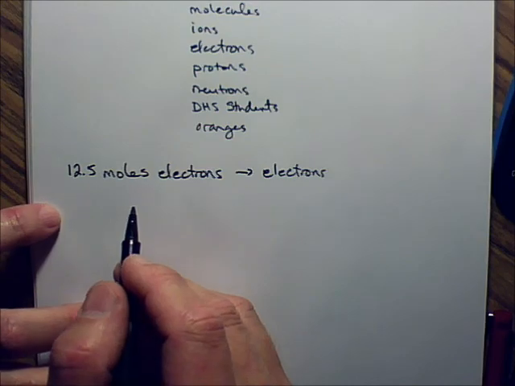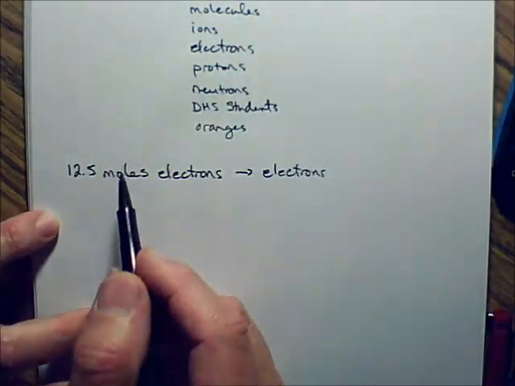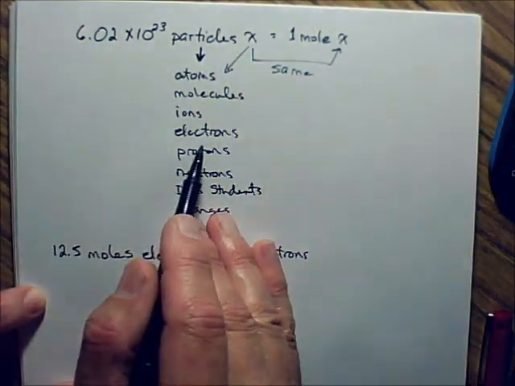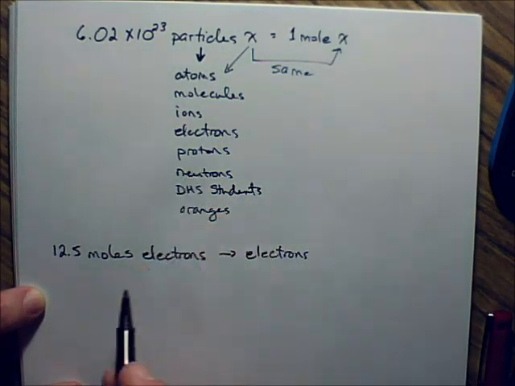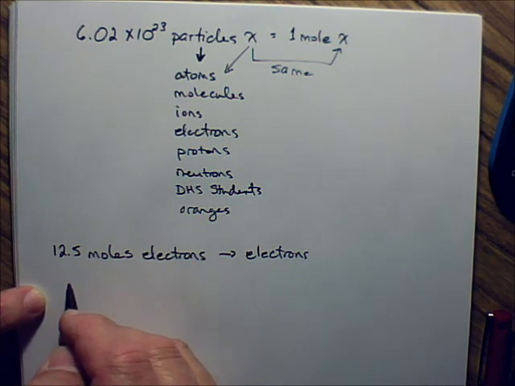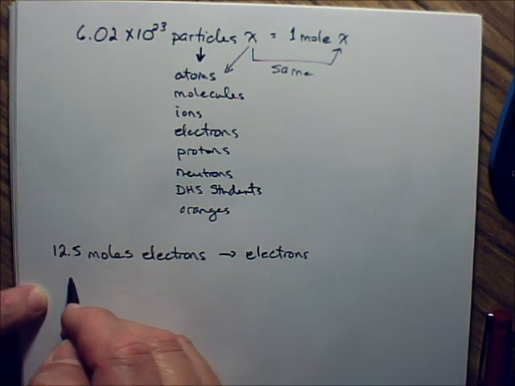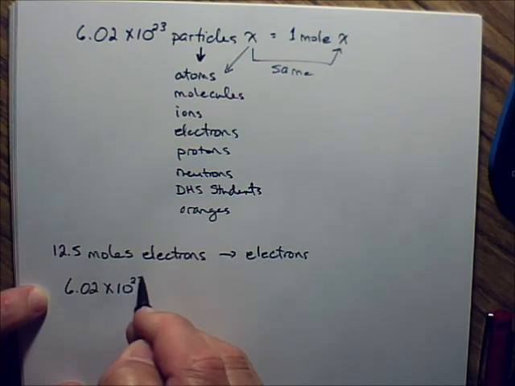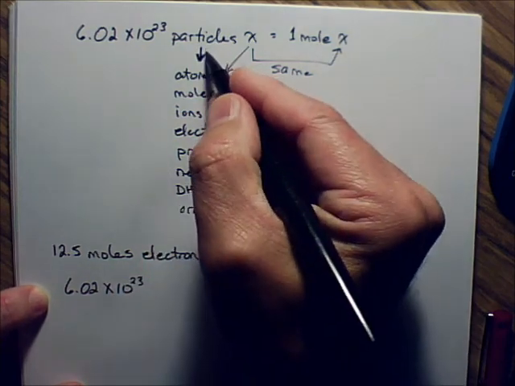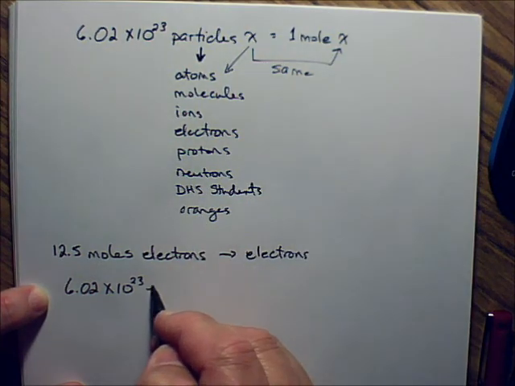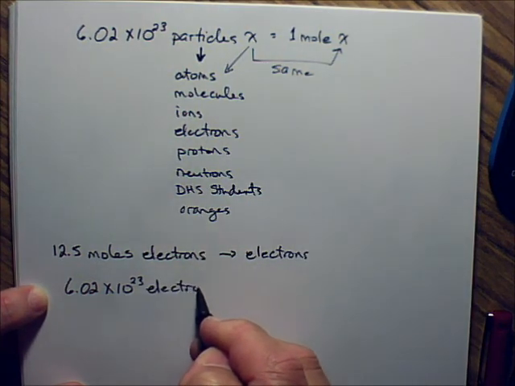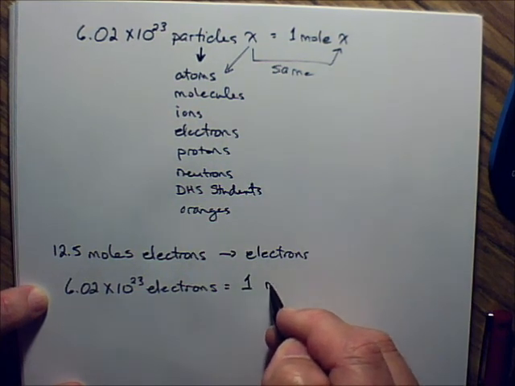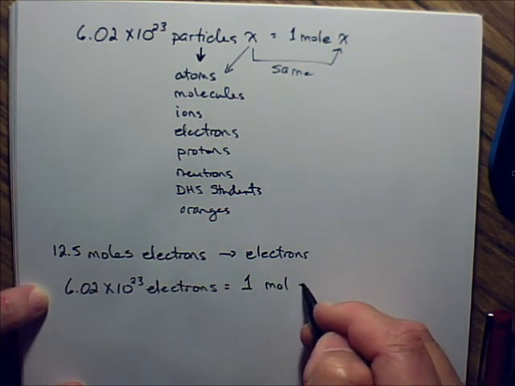So I'm going to use this equality statement here. I'm just going to plug in electrons there. So particles can be electrons. So I'm going to write this equality statement in this way. I'm going to say 6.02 times 10 to the 23rd electrons equals 1 mole of those electrons.